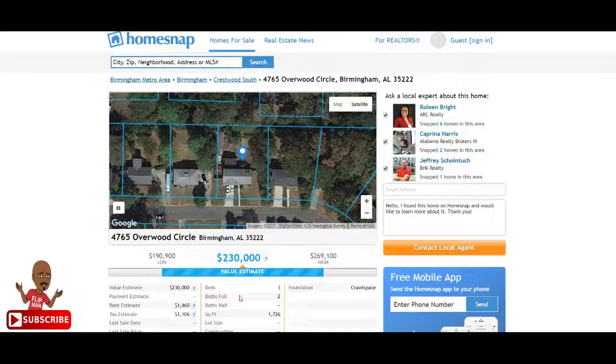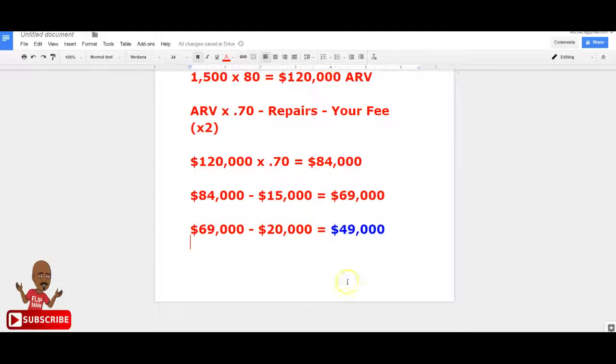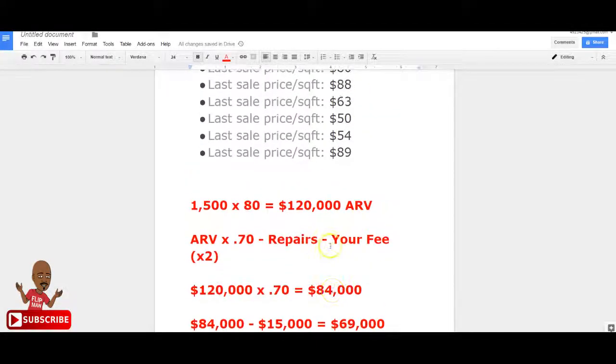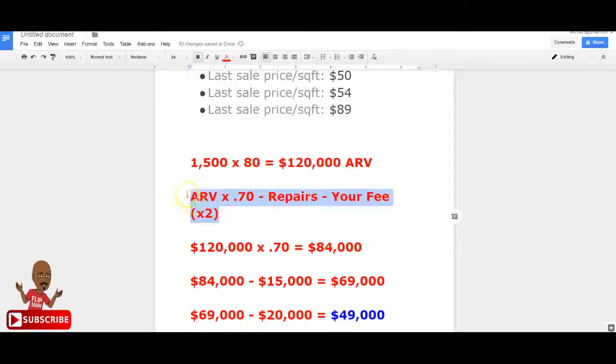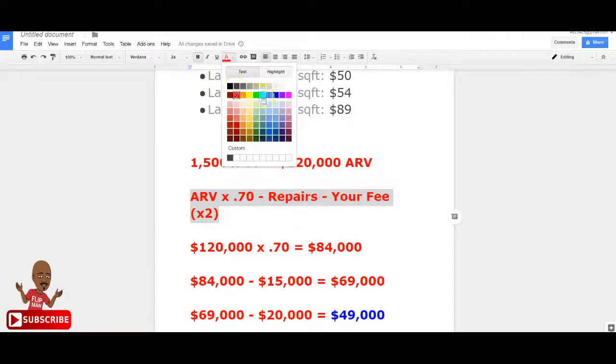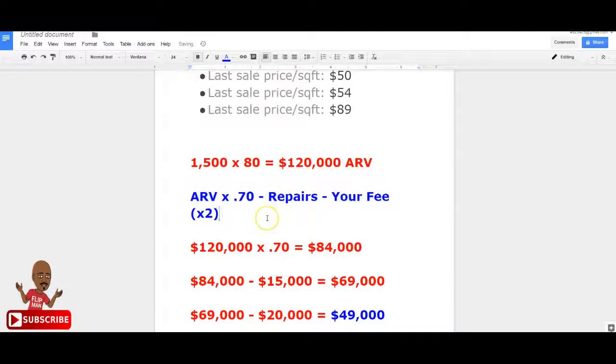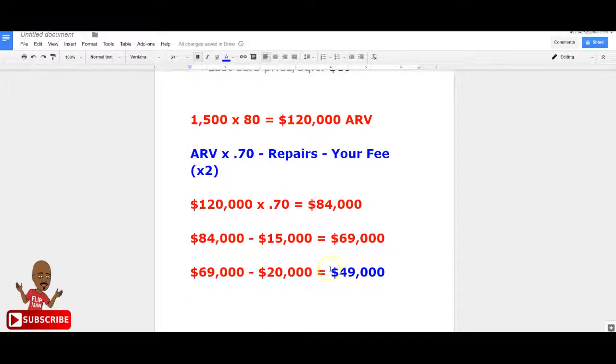And so once you understand what you're looking for, and hopefully this video was able to provide that for you, then boom, there you go. So this is how you determine your ARV, what a house will appraise for, and then obviously you go back here to the formula, which I'm showing you right here. I'm going to highlight it and turn it blue just to make sure you can distinguish. And that's your formula right there, and you can roll with it.